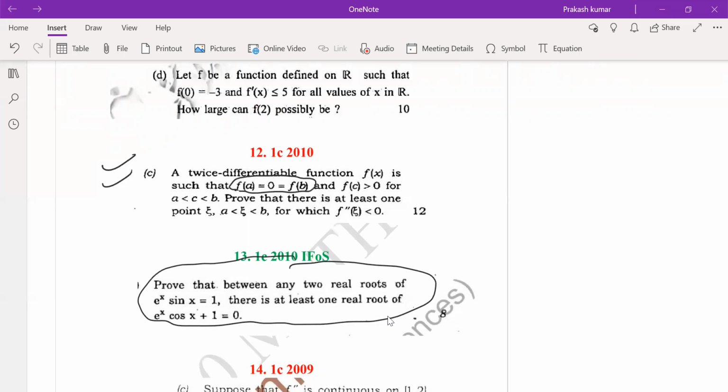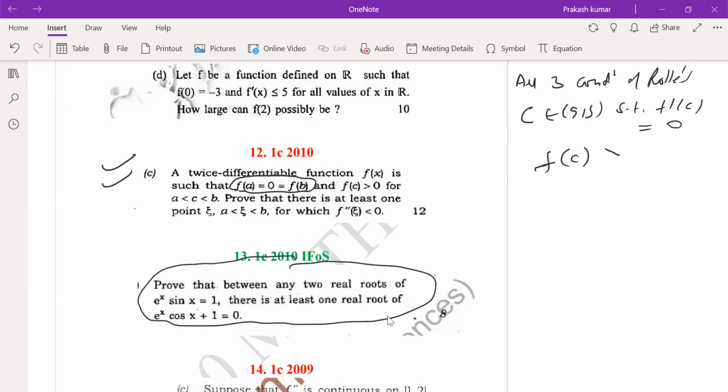So f(x) satisfies all three conditions of Rolle's theorem, so there exists some c belonging to (a, b) such that f'(c) equals 0, and it is given that f(c) is greater than 0 for all c between a and b. So this should be remembered.